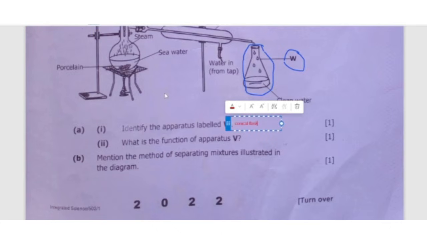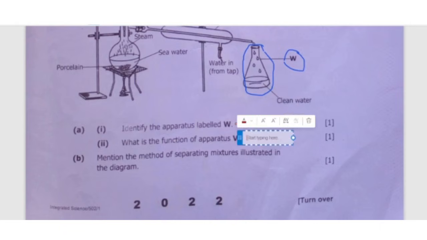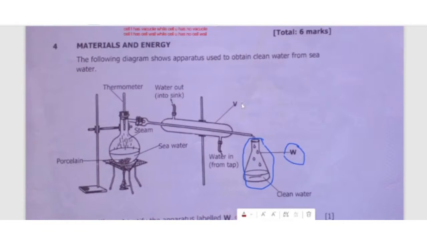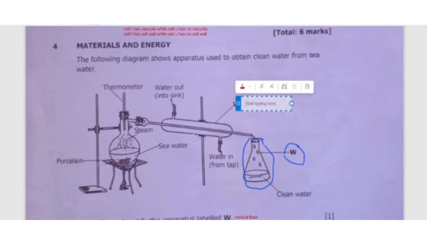And then we go to question 1.2, which is: what is the function of apparatus V? Before we state the function of apparatus V, let's first identify this apparatus. The name of this is Liebig condenser.